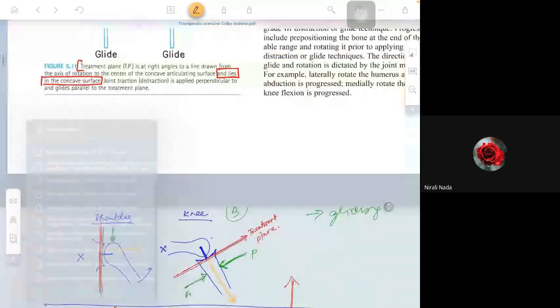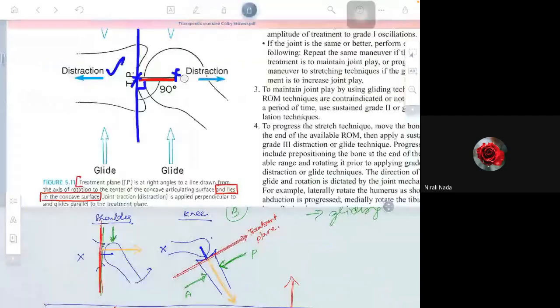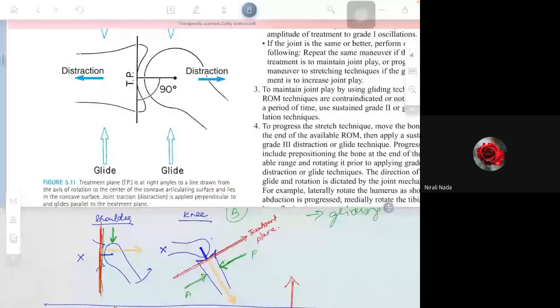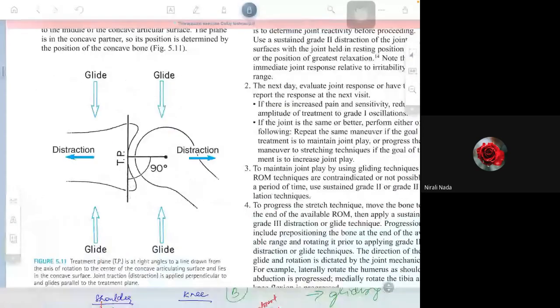Now in this diagram, you can see what I have told. See the gliding and distraction. This is the treatment plane. See, gliding is applied parallel to the treatment plane. This one is the concave bone you are gliding, and here the convex bone you are gliding, but it is parallel to the treatment plane.